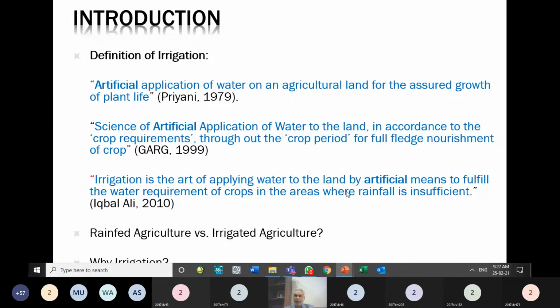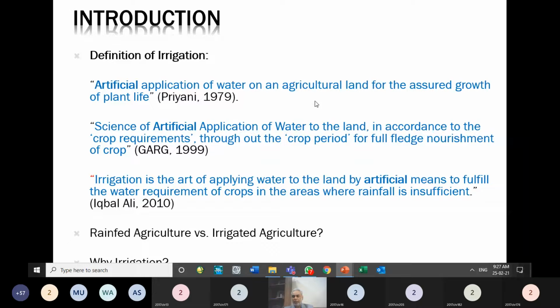All of them say it is the application of water to agriculture, the artificial application of water to agriculture. The purpose of this application is detailed more in one definition and less in another, but all of them are similar kinds of definitions. You should know one or two of these definitions.